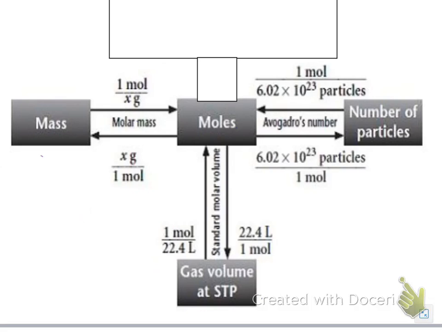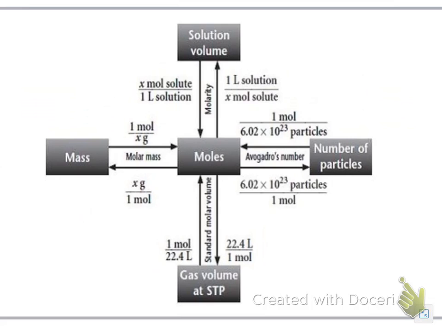So all we're going to do is add another spoke here, and if we know our solution volume, we can convert that to moles using molarity. Okay? So that's all it's going to take, is knowing that I have a conversion that I can use. So I can use 1 liter over X moles or X moles over 1 liter, and that's what molarity is. So let's take a look at how we use it.